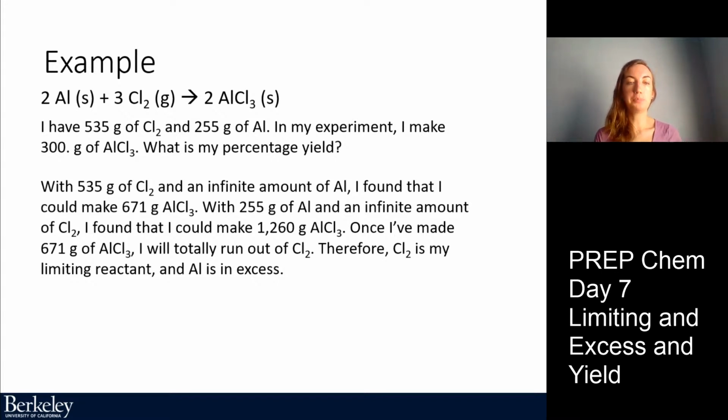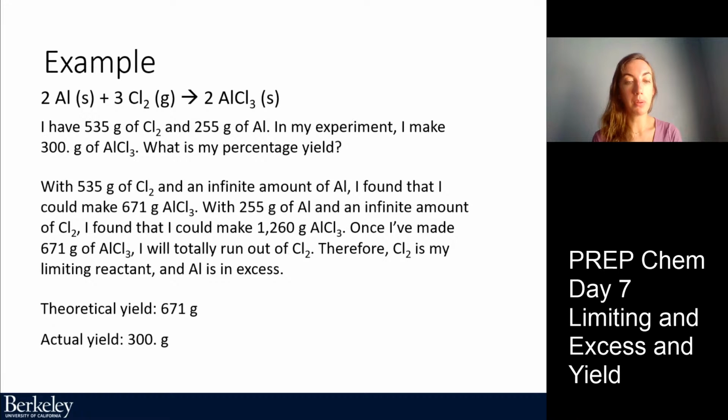Okay, so my theoretical yield is going to be 671 grams. So that is, regardless of how much I actually ended up making, the most that I ever could have made is 671 grams. After that, I run out of chlorine and I can't go any higher. So my theoretical maximum possible yield is 671 grams.